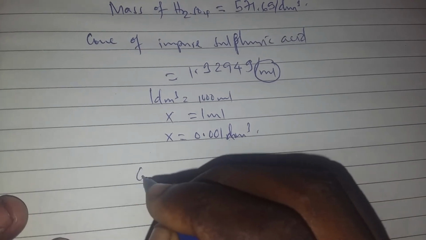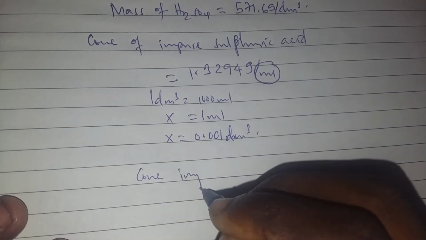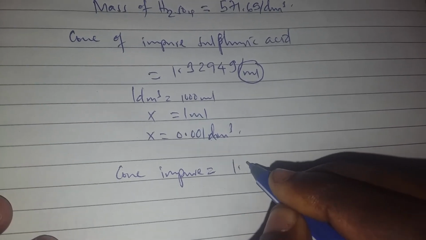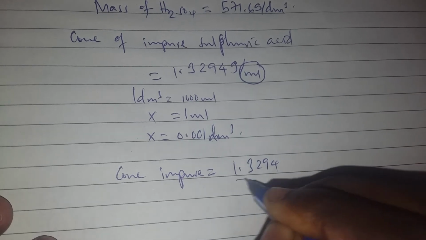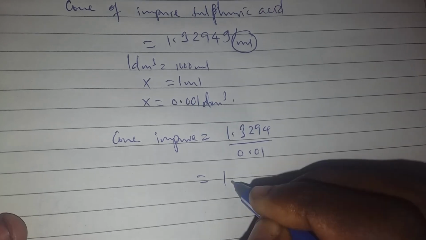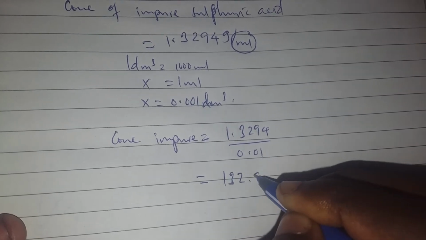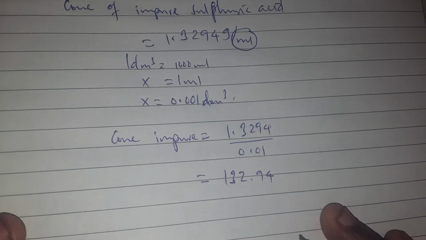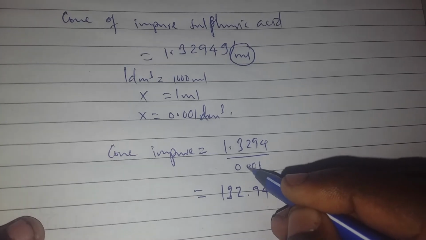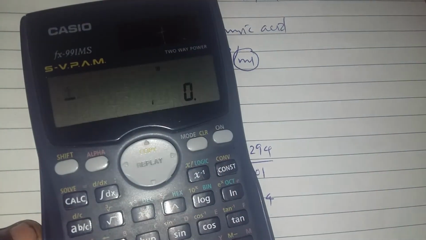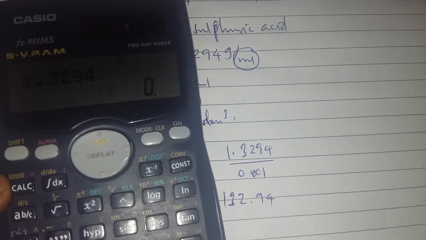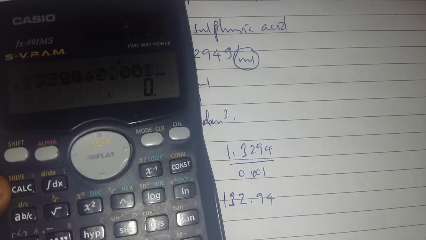So the concentration of impure sulfuric acid will be equal to 1.3294 divided by 0.001.